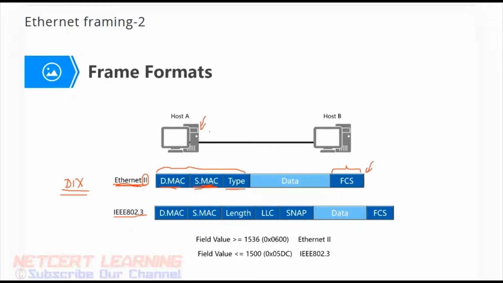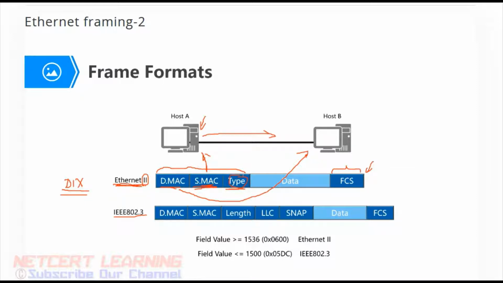Each network interface card has a MAC address. So when data is sent from host A to host B, the source MAC address is host A's, and the destination MAC address is host B's network interface card address.